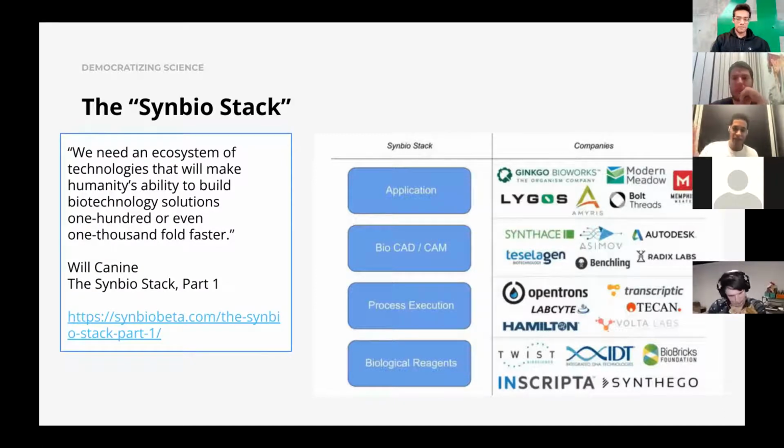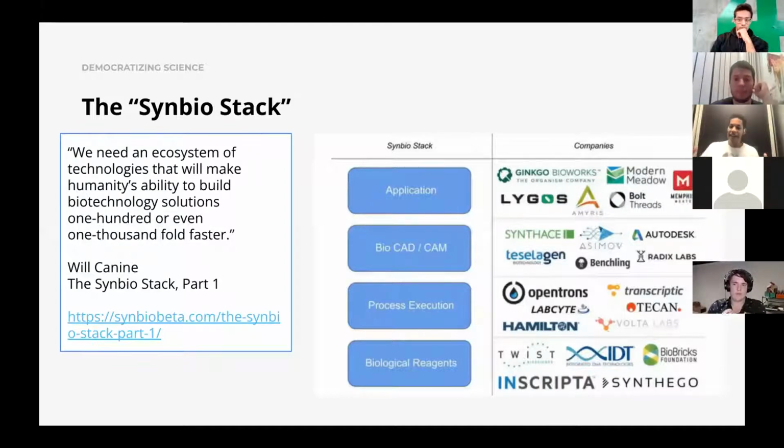So without that slide, just going to this one, again, referencing that article that I quoted earlier from Will. Will devised this idea and published in the article a SynBio stack to accelerate scientific research in the biospace.